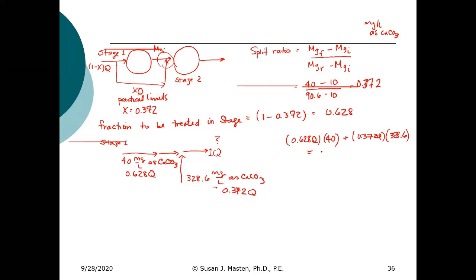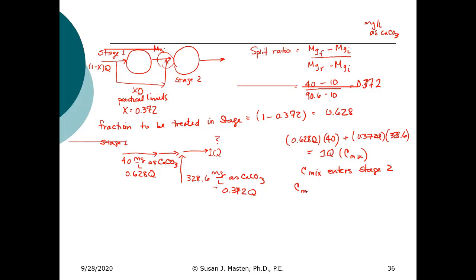And that equals 1 Q times C mix. So that C mix is what enters stage 2. If we calculate this, C mix is equal to 147.4 milligrams per liter as calcium carbonate.